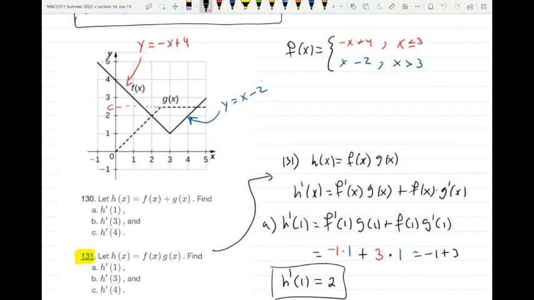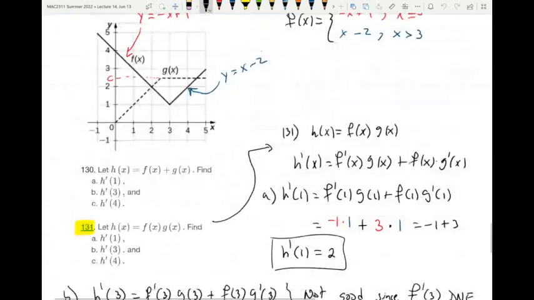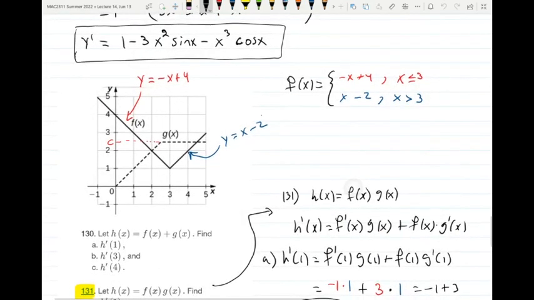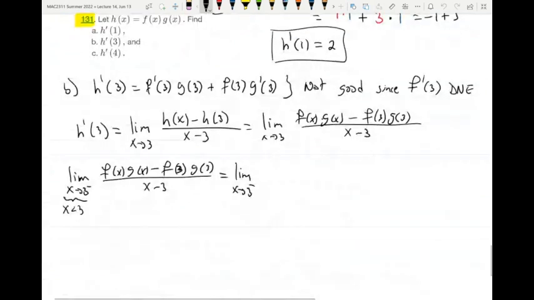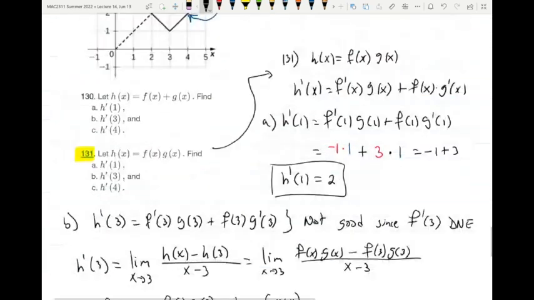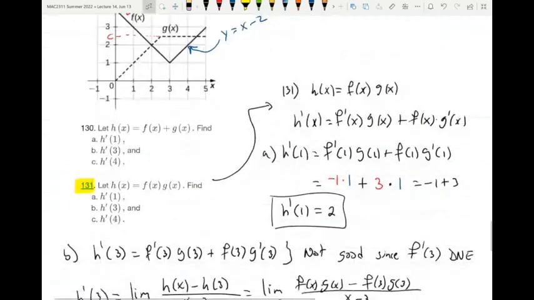All right. So back to business. We are to the left of 3, so we should be looking at the first piece, which is negative x plus 4. And remember, around 3, g is a constant. Does everybody understand this? g is equal to c. I just decided to call it c.